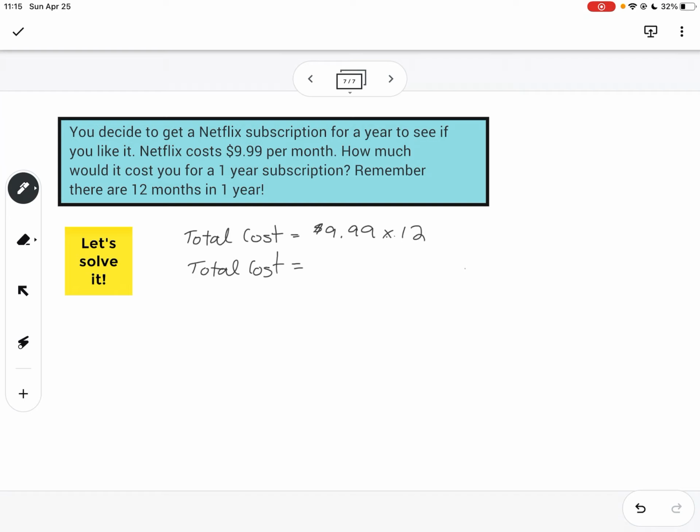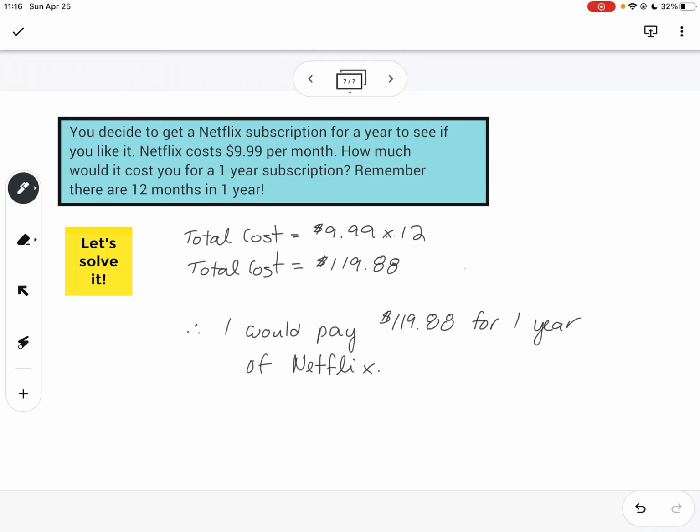I'm probably going to have some rounding here. Oh, no. So it works out to $119.88. So I would say, therefore, I would pay $119.88 for 1 year of Netflix. And that would be an example of a multiplication problem.